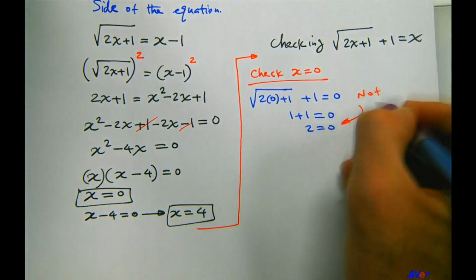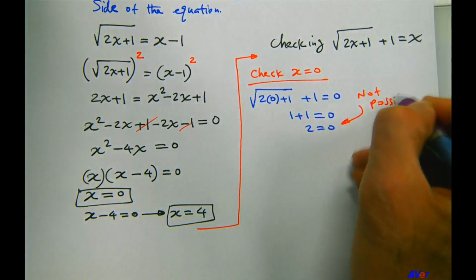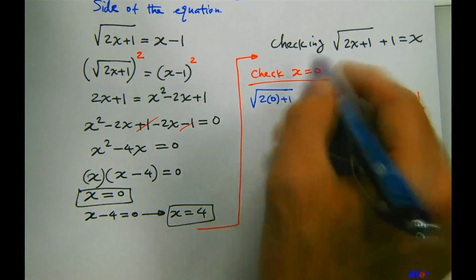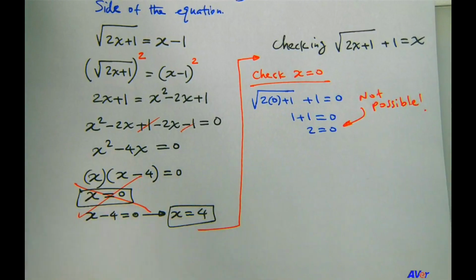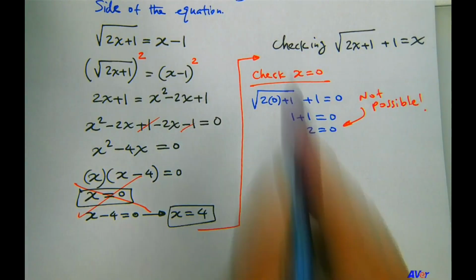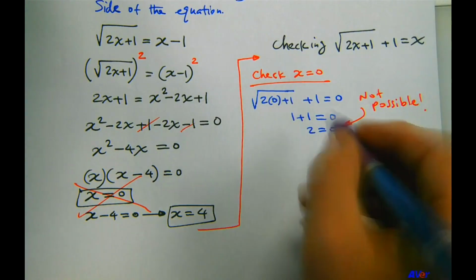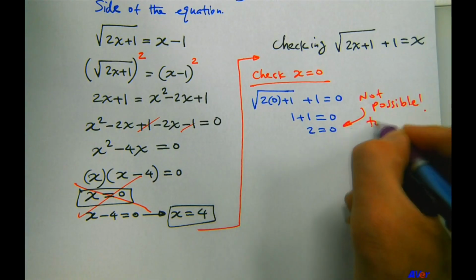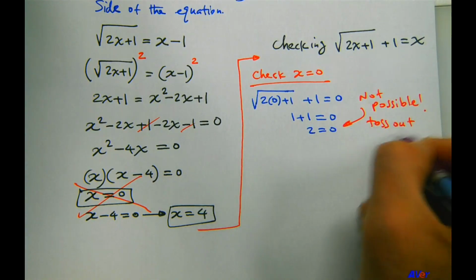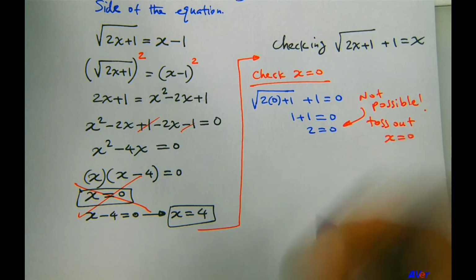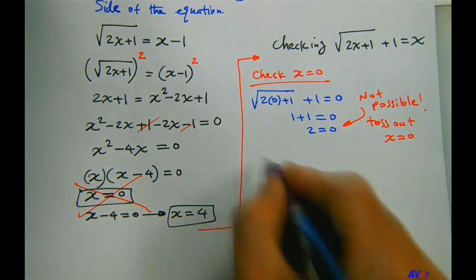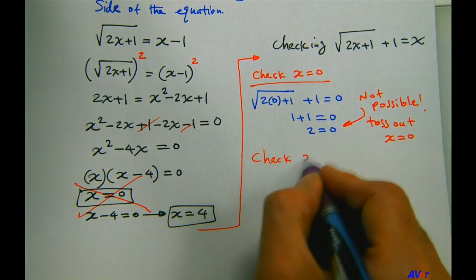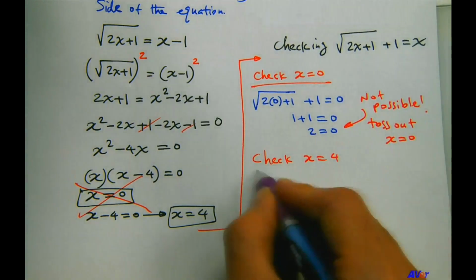Not possible, right? So we need to toss out x equals 0. Let's toss it out. Now check x equals 4.